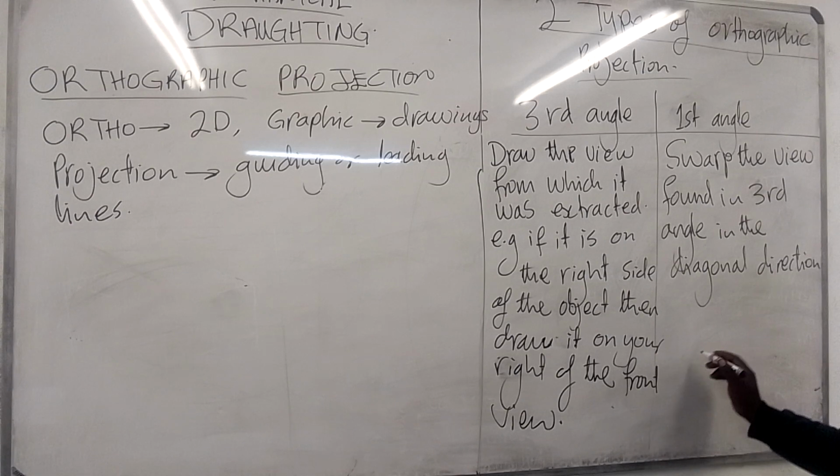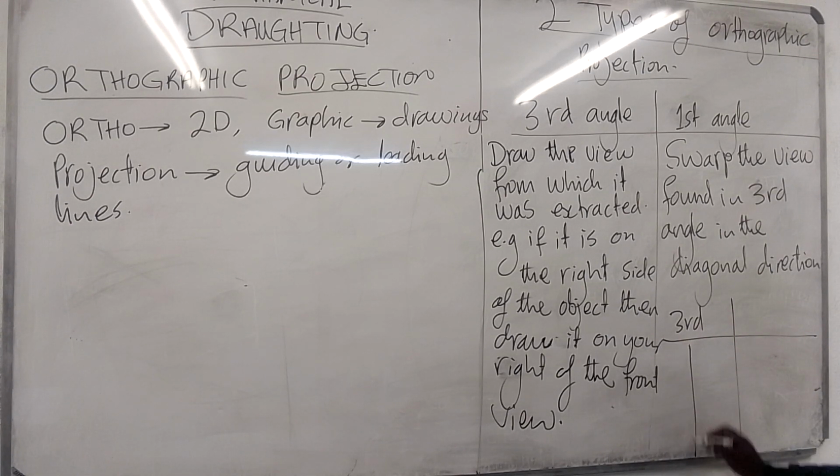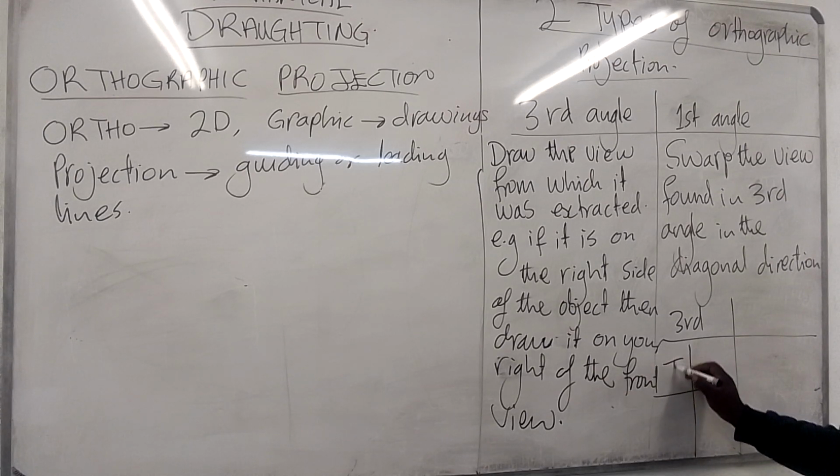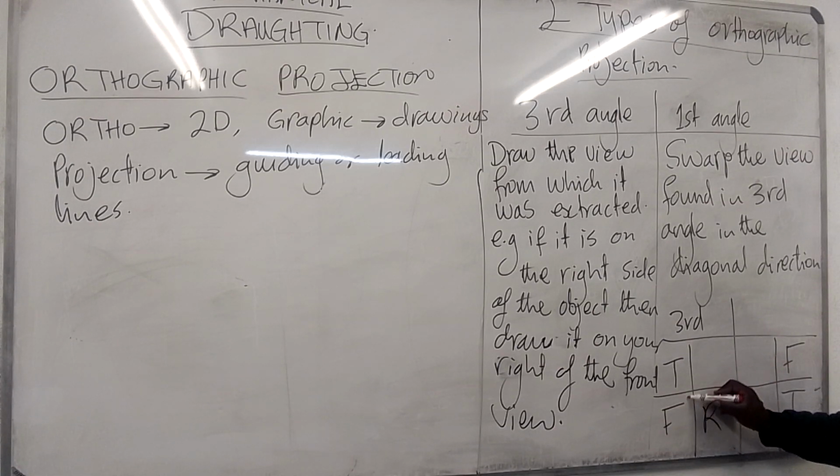If my views on the third angle, if I had my views like this, top, front, right. In third angle projection, I would draw like this. Top, front, right. So, the front will go there, the top will go there, the right will go there.